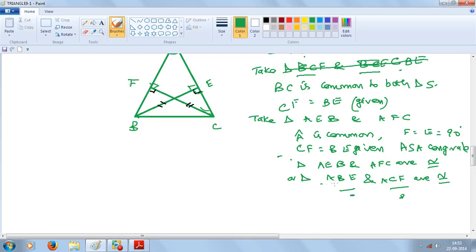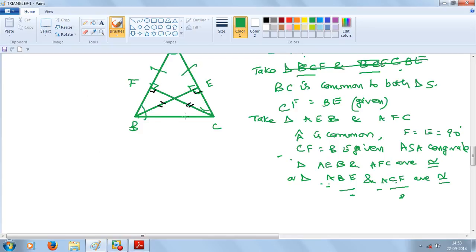The position should not change. A is common, it is the same place. If you start with A, next this is B here, E here, A, C, F. So AB is equal to AC.